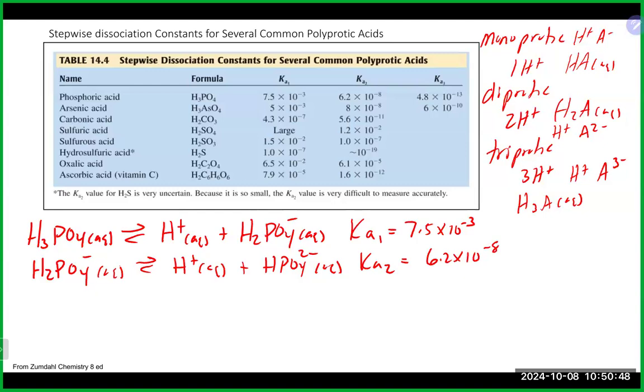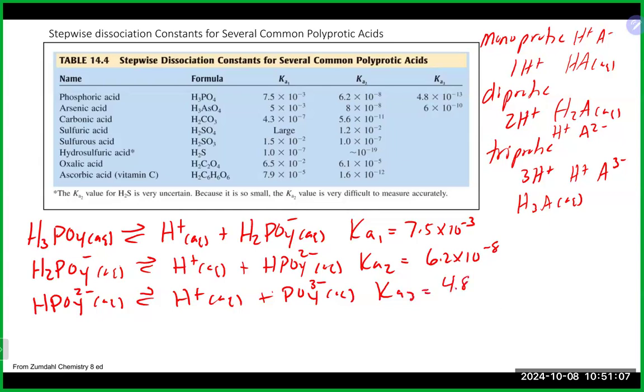And lastly, what would happen here is this species that's already dropped 2 hydrogens will drop its third hydrogen and become PO4 3 minus. Ka3 in this case is 4.8 times 10 to the -13.